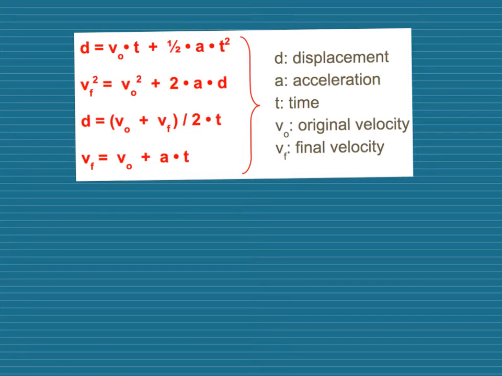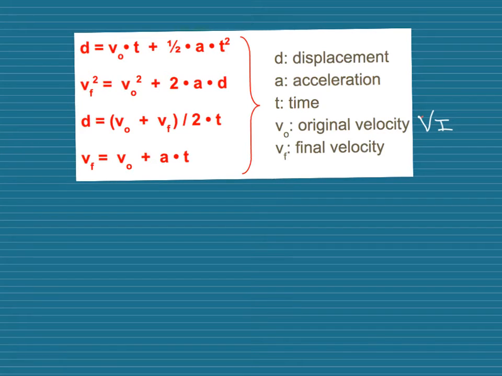So what these different things show: D is for displacement, A is for acceleration, T for time, V0 is original velocity. Now, some people will use VI instead of V0, and that's fine if you want to use that to stand for initial velocity.